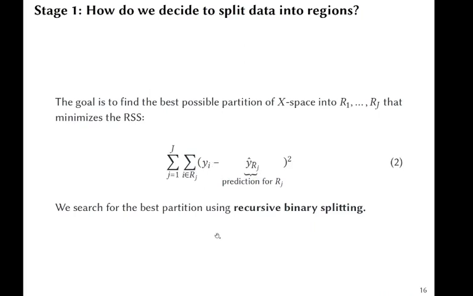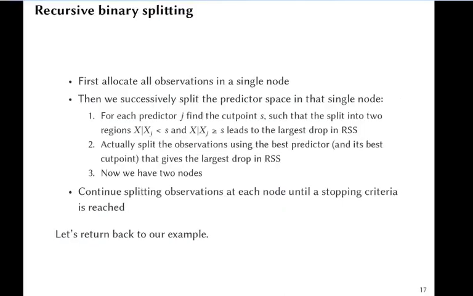It can be done by brute force, by imagining all the different ways we can partition our data, but in fact we cannot do that because of computational complexity, so we simplify it to recursive binary splitting. It first allocates all observations in a single node, all things together, and then it successively tries to split the predictor space in that single node.